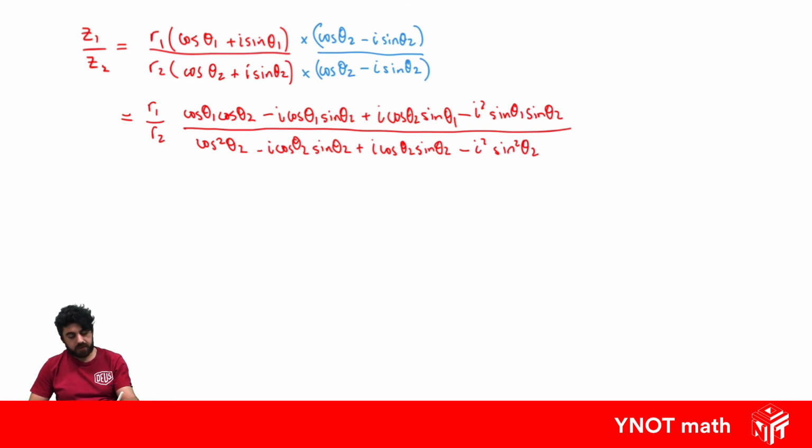Okay. Minus I squared, well, I squared is minus 1, and minus 1 is going to turn into a plus 1. And same thing down here.